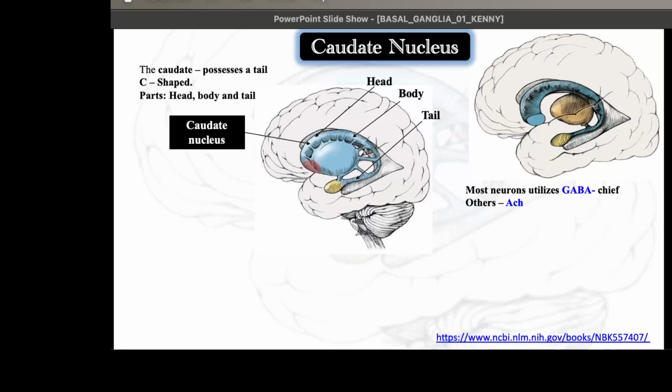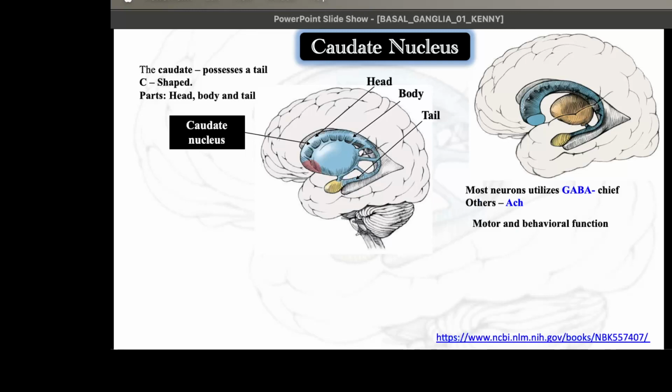acid. But we have some neurons within the caudate nucleus that will utilize acetylcholine, and it has motor and behavioral functions.